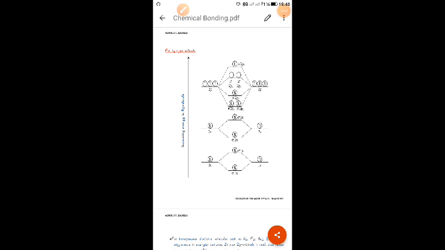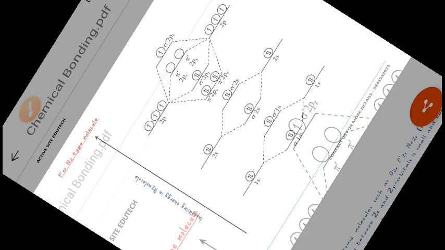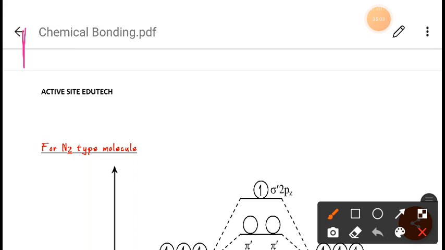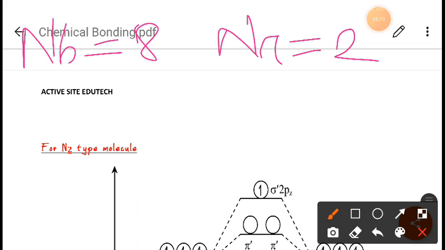It is clear that this molecule contains 8 electrons in the bonding and two electrons in the anti-bonding orbitals. So we can write Nb is equal to 8 and Na is equal to 2, right?